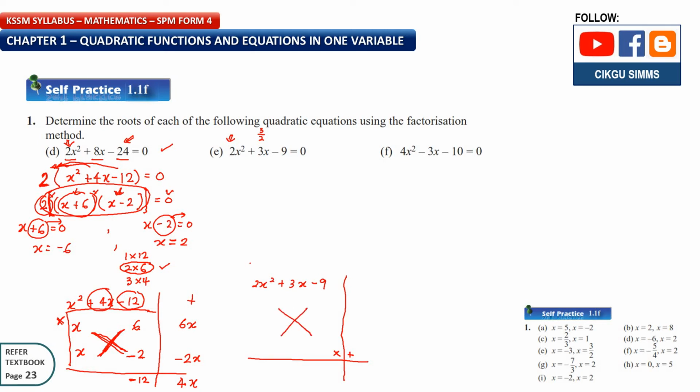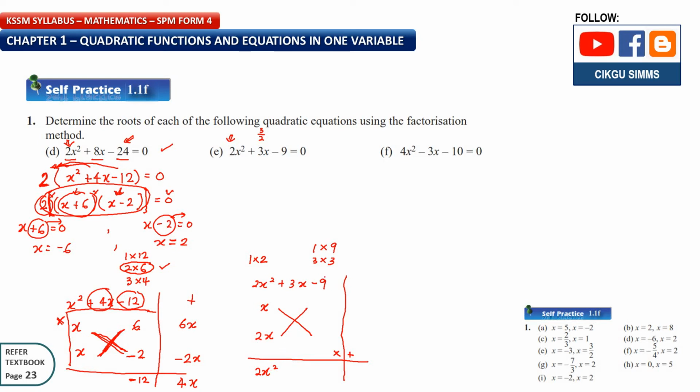And then for 2x squared, the possible group is 1 and 2. Okay, 1 times 2 is 2. And then for 9 it is 1 and 9, and 3 and 3. You get 9, right? Okay, so only one group, 1 and 2, is 1x times 2x. So you get 2x squared. So the first one is settled.